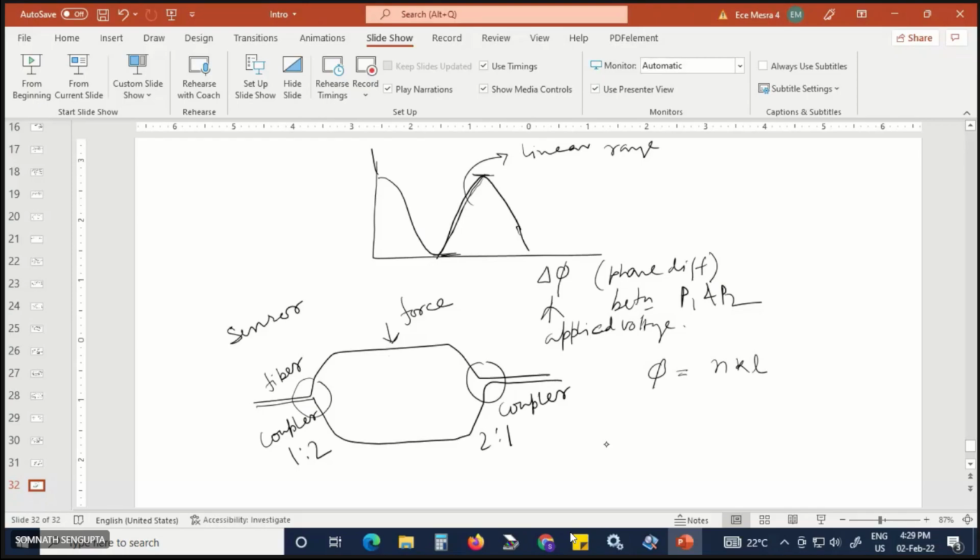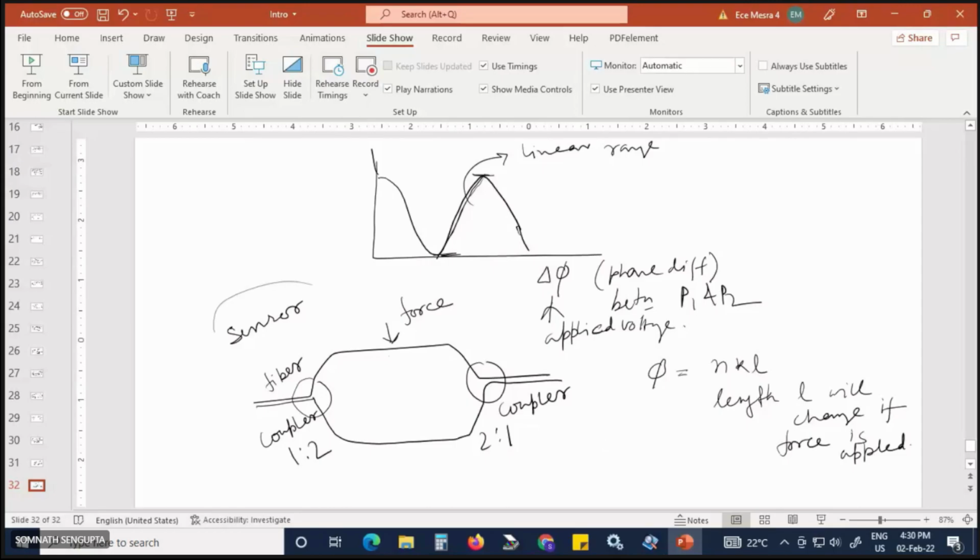If you apply force, then the length L of the fiber will change. So if force is applied, then power will vary according to the phase or the force applied.